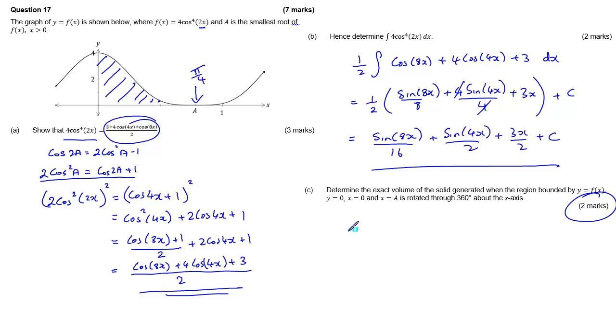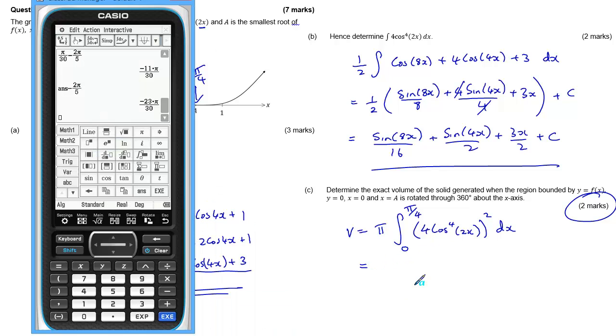So our volume is going to be pi times the integral from 0 to pi by 4 of y squared dx. And in this case that's going to be 4 cos to the 4 2x squared dx. So we're going to do that on the calculator, obviously. Let's stick the pi in front over here.